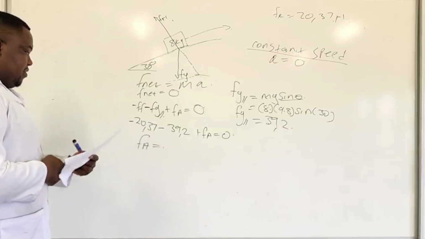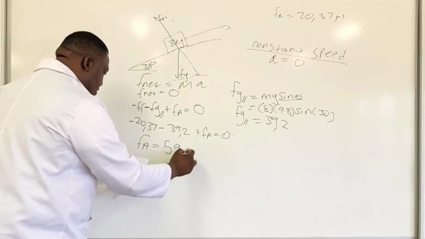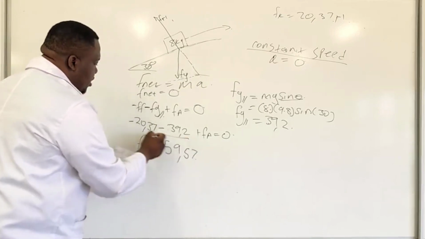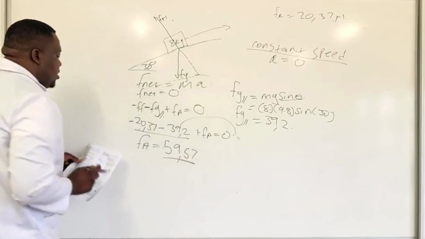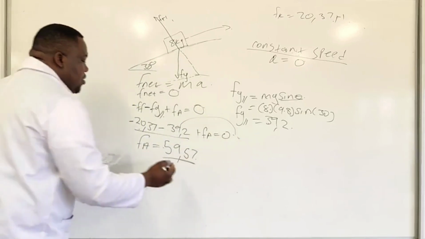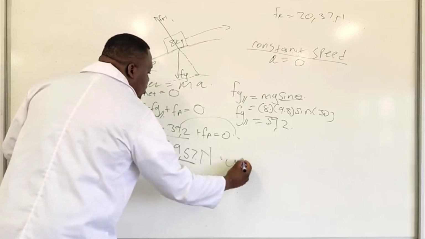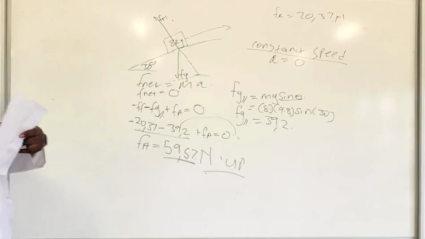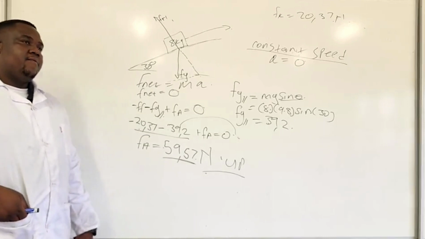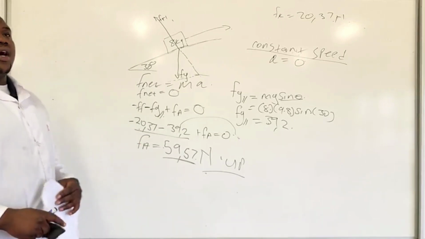That is going to give us 59.57. I just added them, guys, then I made them jump to this side. That's why we have a positive answer. So it is going to be 59.57 newtons up. Don't forget the direction, since there are marks for writing the magnitude and the direction. So that's how we calculate the applied force for that one.